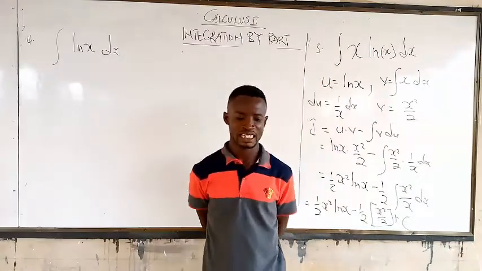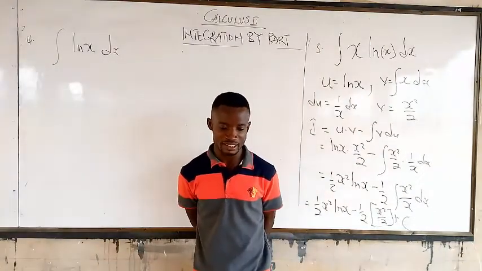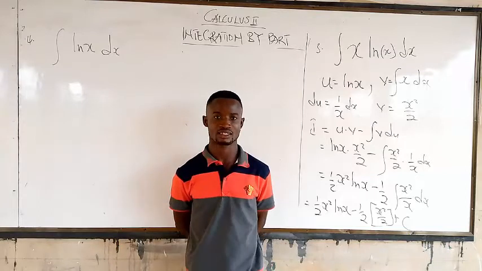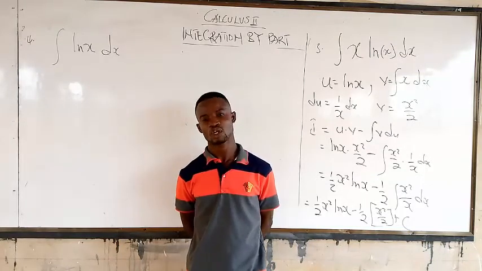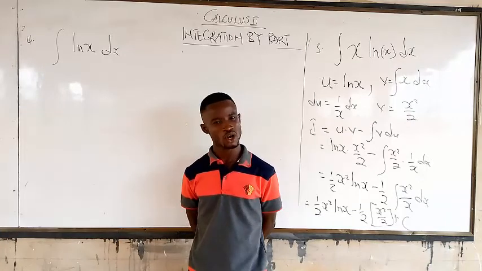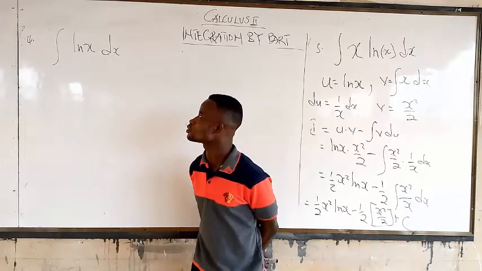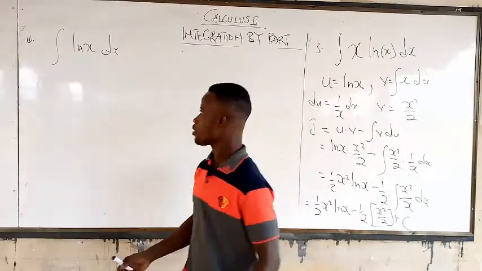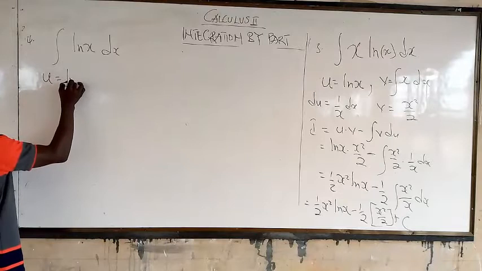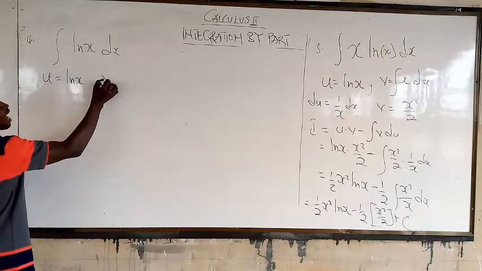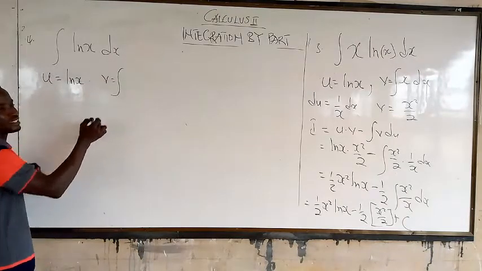Now, if you want to integrate ln s, we treat it in the same way as a product rule, because we don't know how to integrate ln s straightforward. But we can see that if we set our u to be ln s, our v will be left with what? Who can tell me?